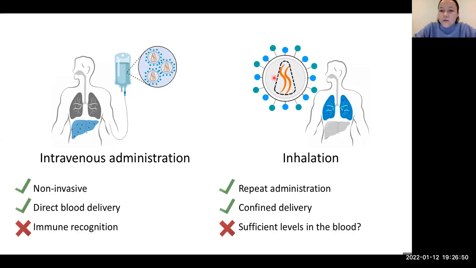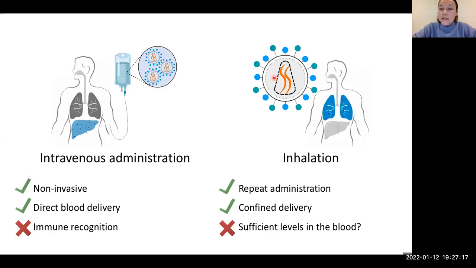Another advantage of delivering to the lungs is that it's then confined to one organ. The reason the immune system is able to pick up the virus when you deliver it to the blood is because it goes to many different organs. And actually, you may want to have safety in mind and think, I'd rather deliver it just to one organ rather than distributing it all over the body.